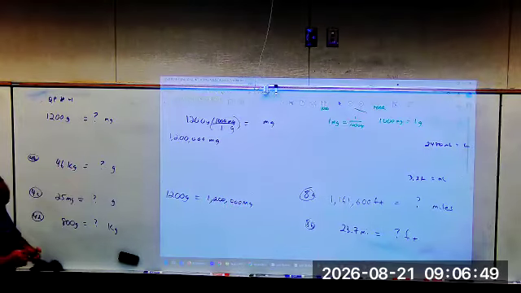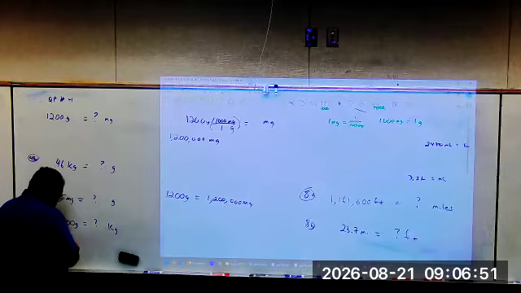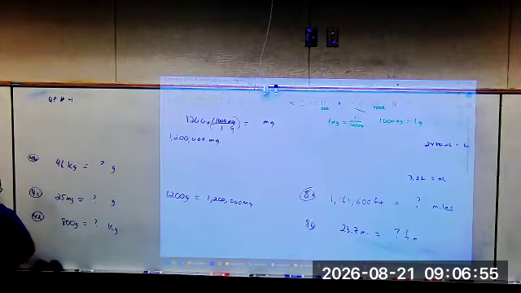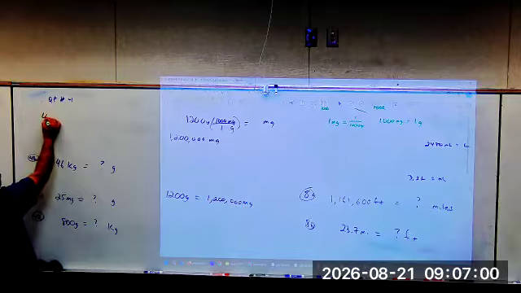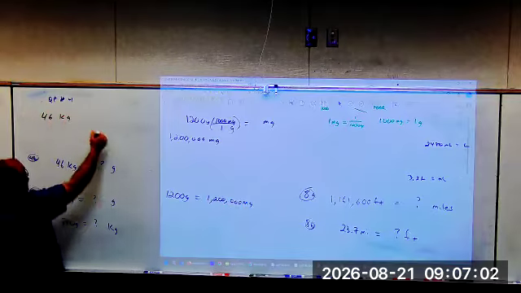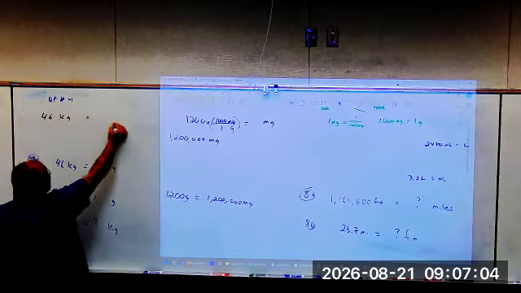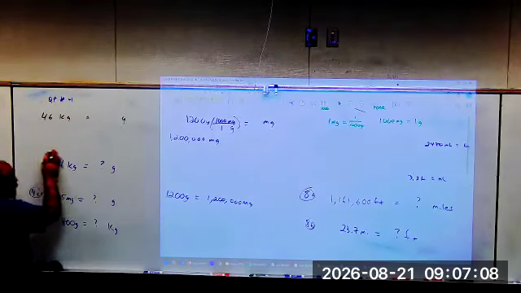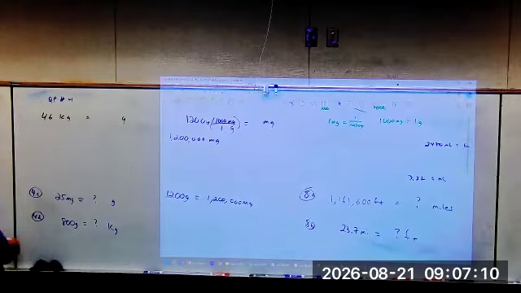We do this one, starting with kilograms, and we want grams. The connection between kilo and grams: the word kilo indicates 1,000. A kilogram is bigger than a gram.